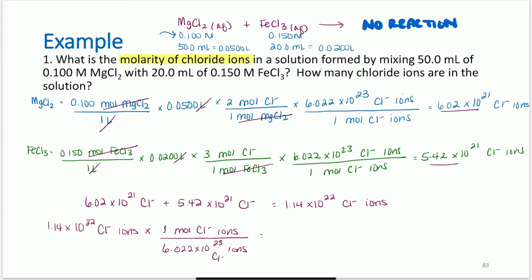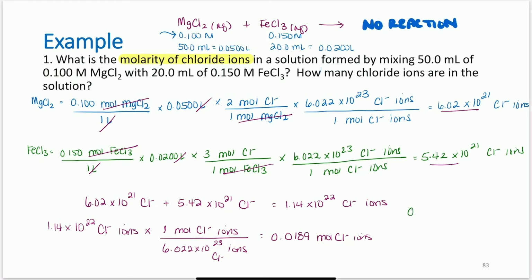So 1.14 times 10 to the 22nd divided by 6.022 times 10 to the 23rd gives me 0.0189 moles of chloride ions. I want that in concentration though, so I want that in molarity.